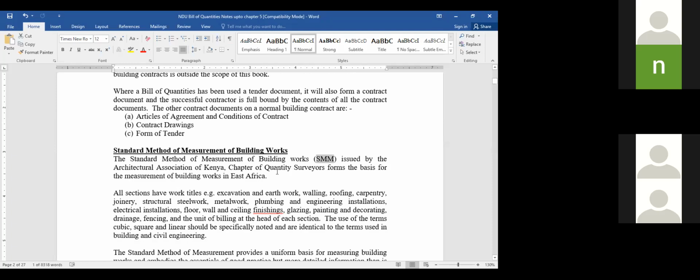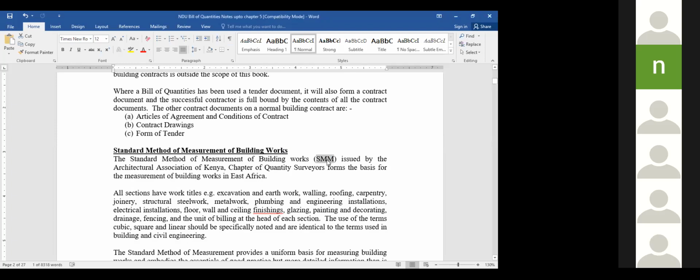So what does this imply? Even as we look at other things, say, normally in civil engineering, we have what we refer to as codes. We deal with codes and so on and so forth. So for quantity surveying, we use what we refer to as the SMM.